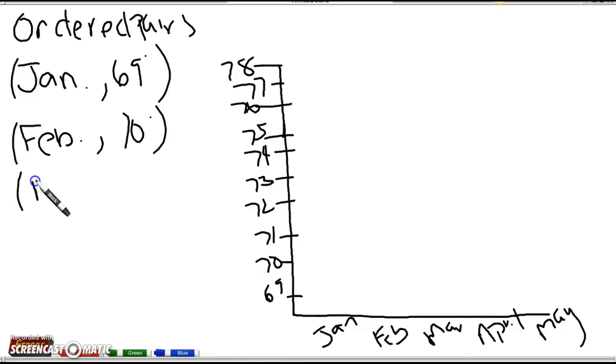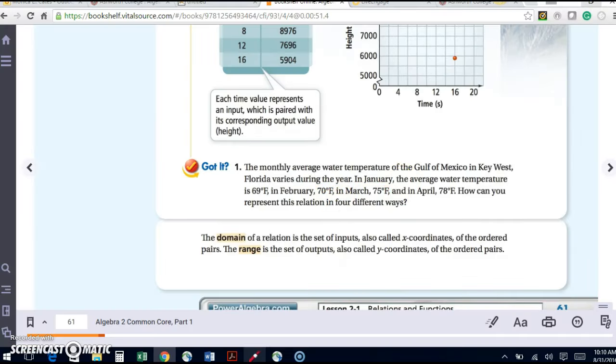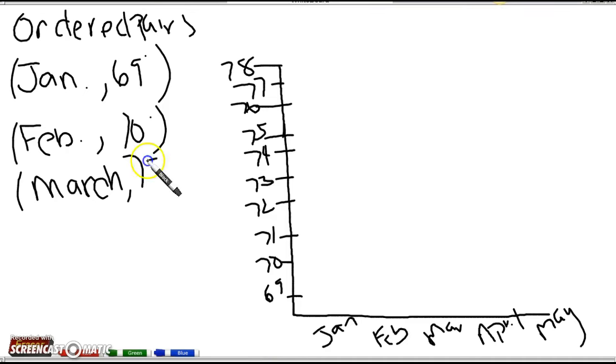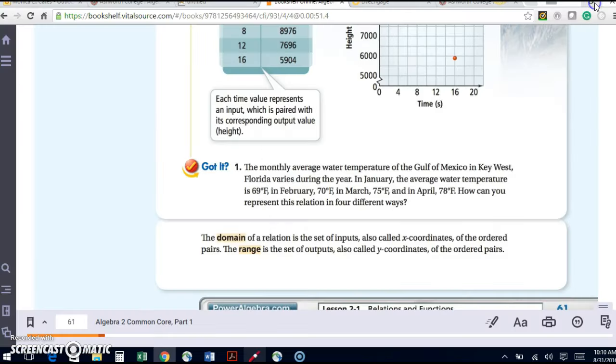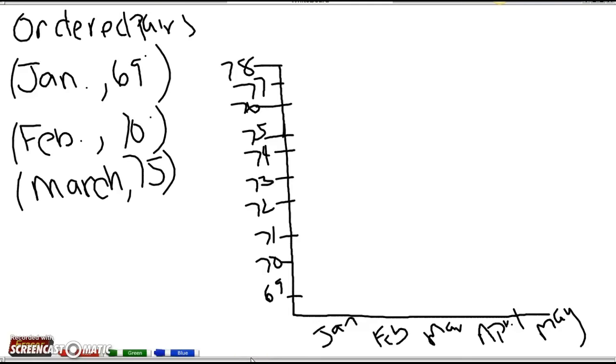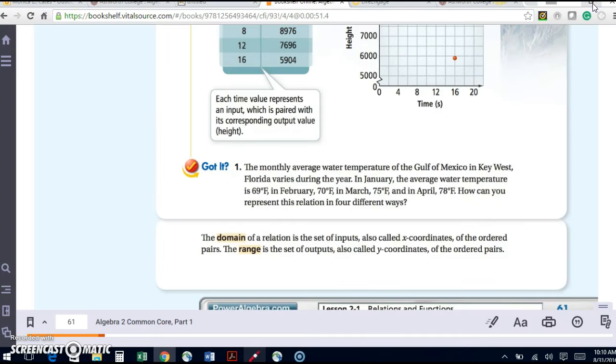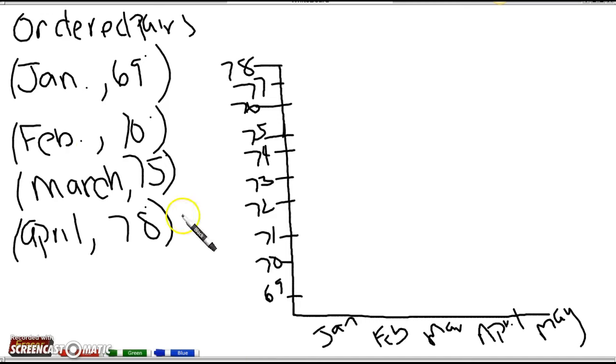Then we have March, which was 75 degrees. Then we have April, which was 78 degrees, I believe. Yes. All right, so that's one way, ordered pairs.